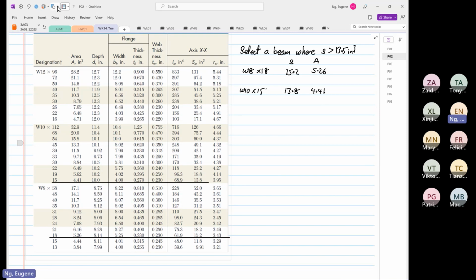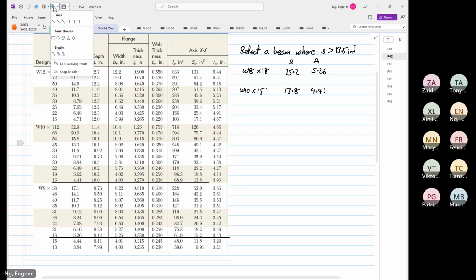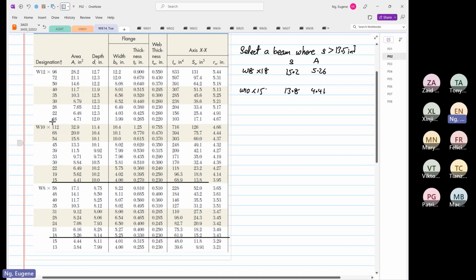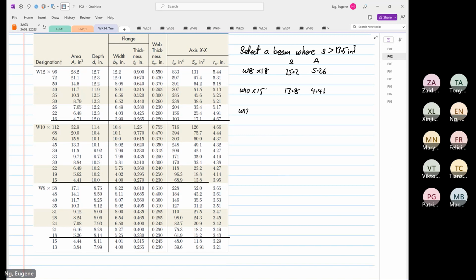The next option that we're going to pick is this one. We can use W12 by 16. It's 17.1, stronger, but it's 4.71 cross-sectional area.